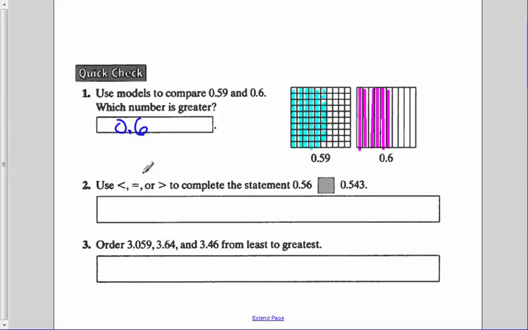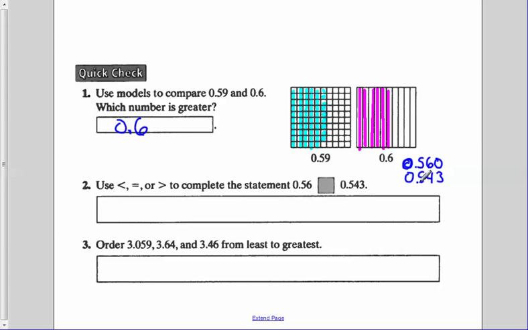For number 2, we're using our inequality signs to complete the statement, and this is where it becomes easier to line up our place values and compare. So I've got 0 and 56 hundredths, and I've got 0 and 543 thousandths. Well, since I don't have a thousandths place in my 56 hundredths, I'm going to put a placeholder 0, and now I can compare. So I look at my whole number, and I don't have any, so they're both 0, so I need to look to the next digit to our tenths place.